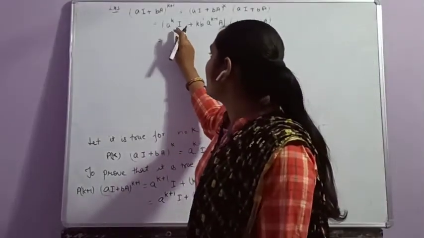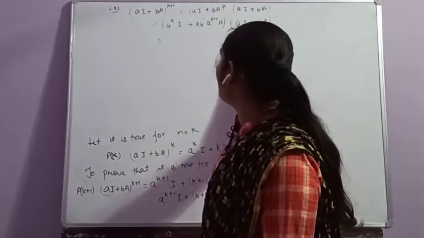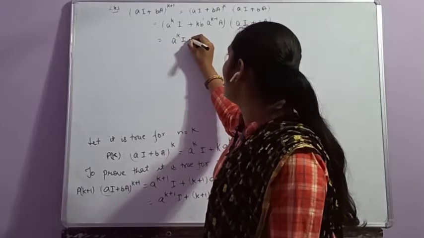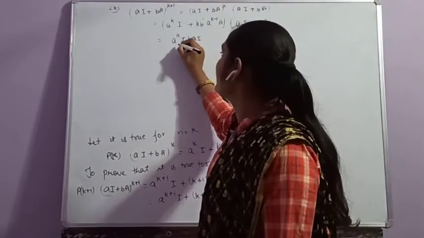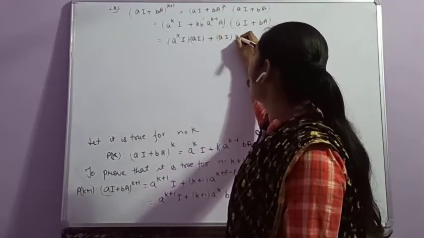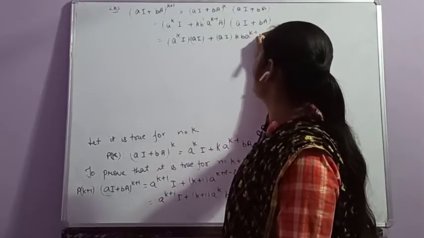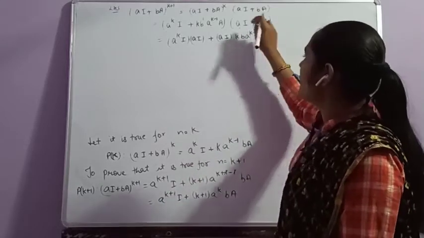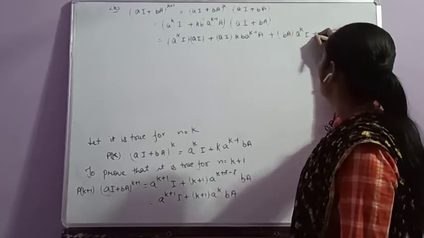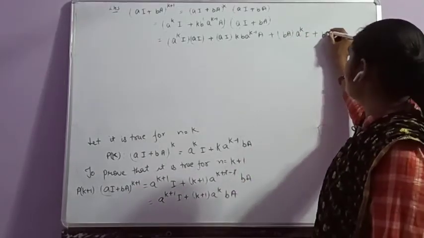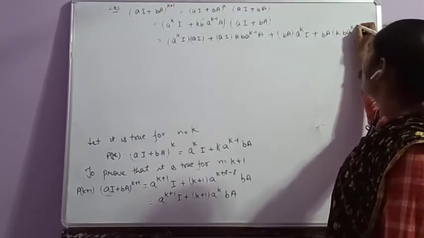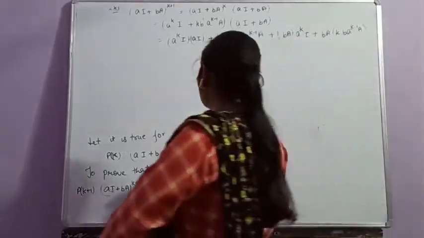Clear? Now if you multiply aI with both quantities, then aI is multiplied with a^k I, plus aI is multiplied with k b a raised to the power k minus 1 into A, plus bA is multiplied with a^k I, plus bA is multiplied with k b a raised to the power k minus 1 into A. Now we simplify it.